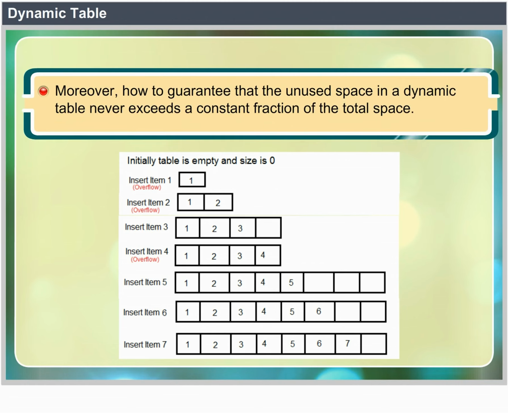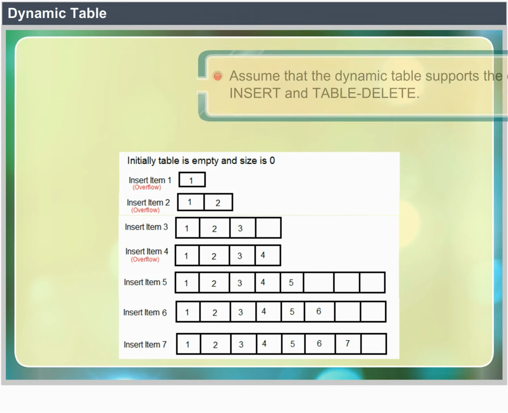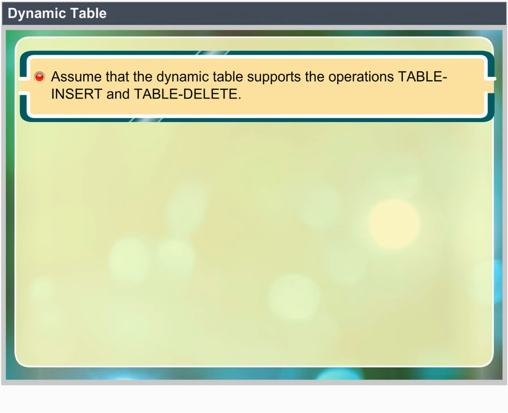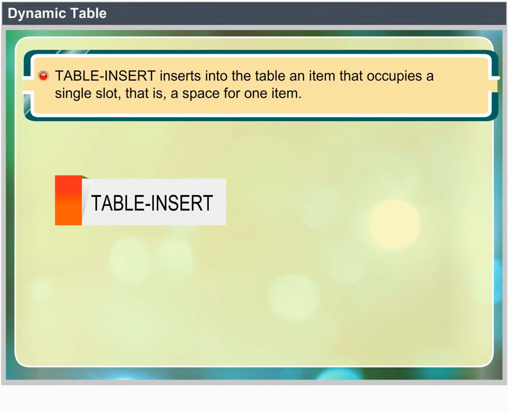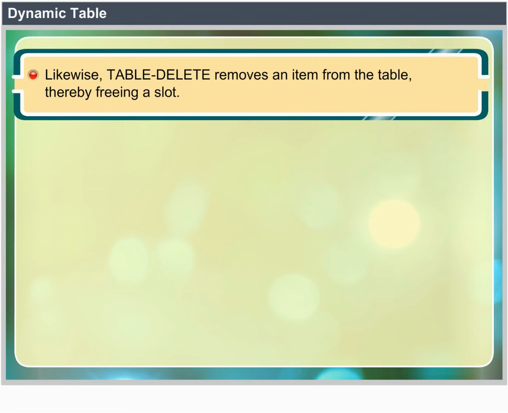Moreover, we will see how to guarantee that the unused space in a dynamic table never exceeds a constant fraction of the total space. Assume that the dynamic table supports the operations Table-Insert and Table-Delete. Table-Insert inserts into the table an item that occupies a single slot, that is, a space for one item.